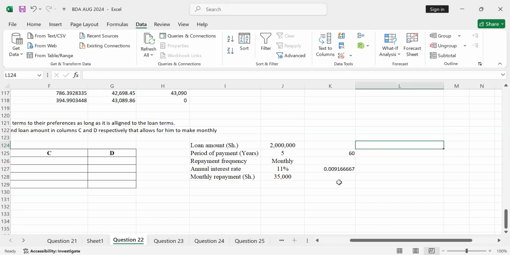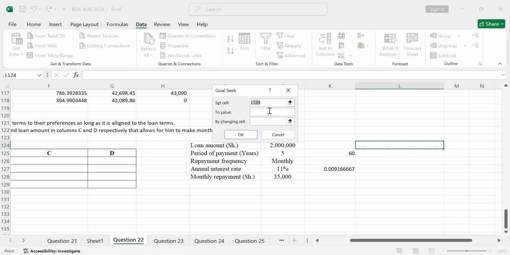You just come here to where we have the data, click on Data, and then go to where we have the What-If. Then you can click on Goal Seek, set the goal. We want this value, this one that I'm having here, that is my input value, to what value?